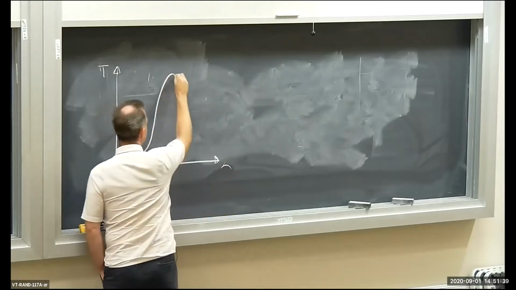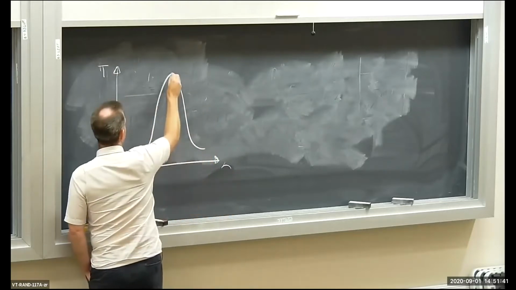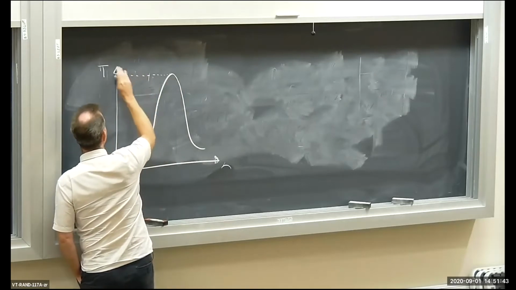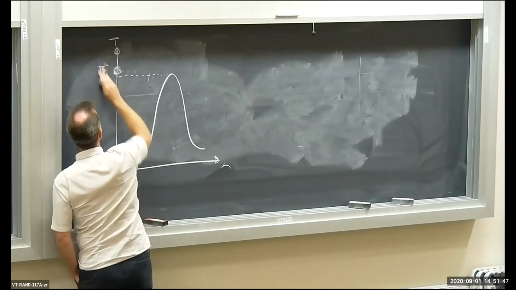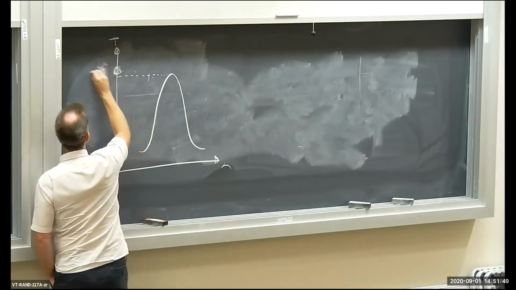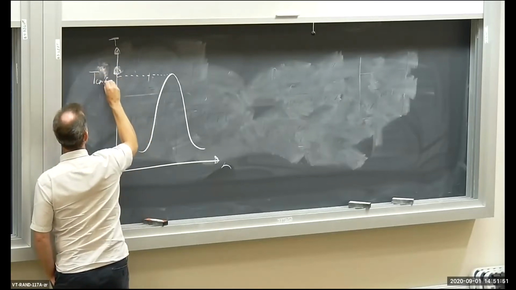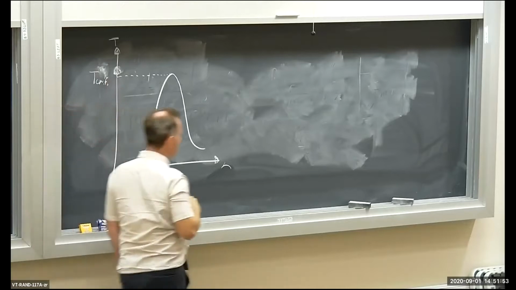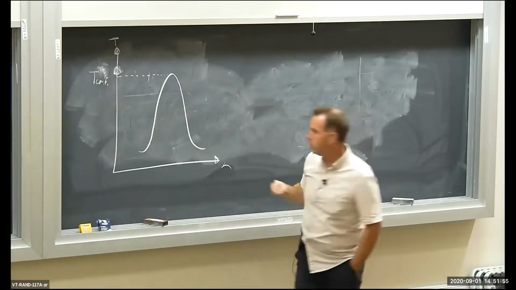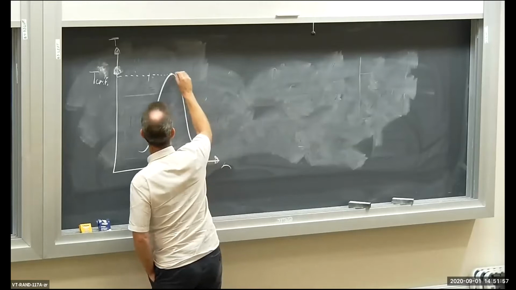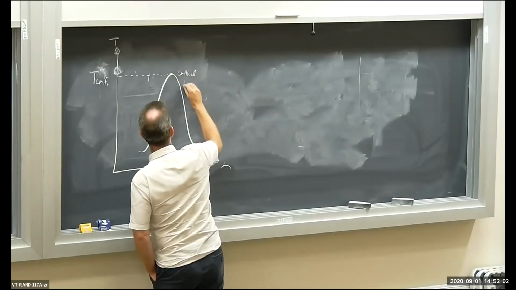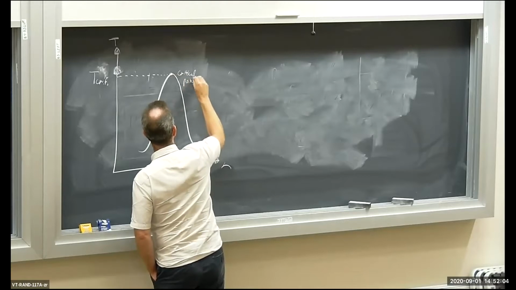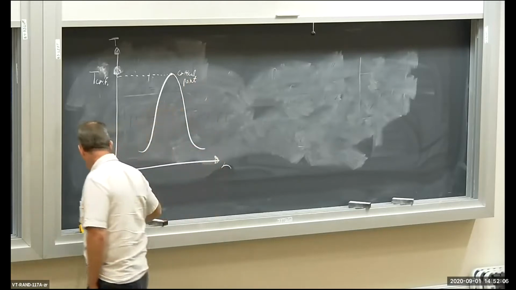Here's the dome. The peak temperature on the top of the dome is equal to the critical temperature. This is the critical point. So the critical temperature is the peak temperature in the dome.